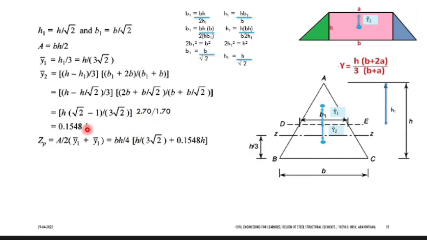Now applying all the components, you know A by 2 is BH by 2. So BH by 2 divided by 2 will become BH by 4, and this is H by 3 root 2. H by 3 root 2 is written here, 0.155 H.